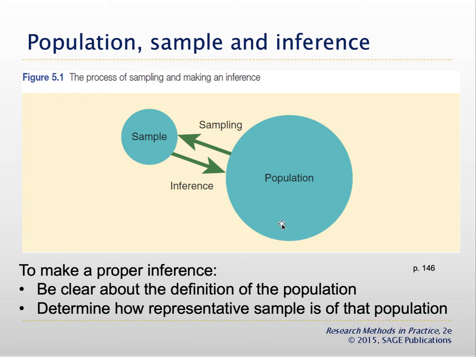One is be clear about the definition of the population. What population are you studying? Are you studying all U.S. high school students, U.S. high school students in public schools? Are you studying high school students of particular types of high schools?